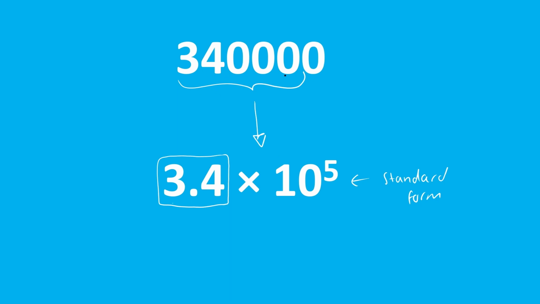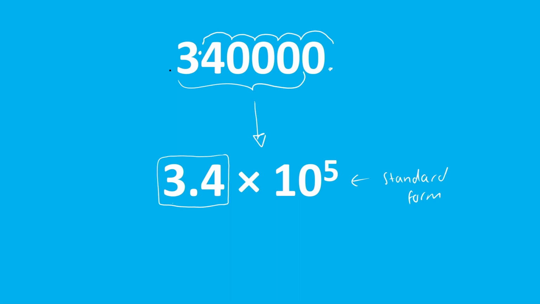This number is not between 1 and 10, so there's a decimal point here. I make 1, 2, 3, 4, 5 jumps over here. I want the decimal point to be here because at this point this number is between 1 and 10. If I had only 4 jumps, this would be 34, that's more than 10. If I had 6 jumps here, then that would be 0.34, again less than 10.